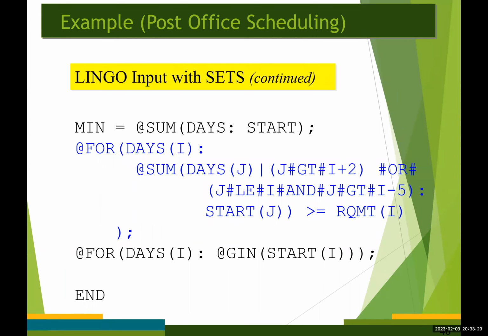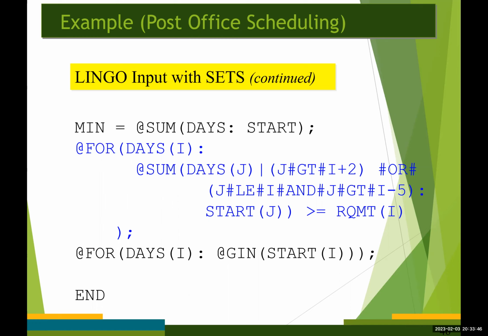Okay, and next for each day of the week, we create the constraint that ensures the number of employees working that day is at least as large as the daily requirements, right?